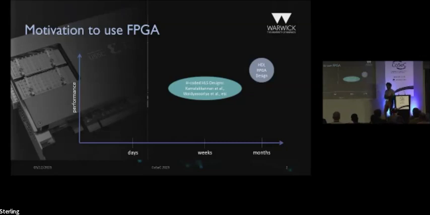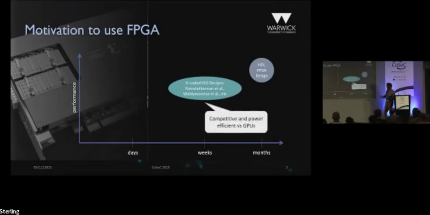There are scientific works in past years doing this process manually, achieving good performance with less energy spent on implementation. These are very competitive when it comes to energy, and in some applications they are competitive in terms of performance as well.